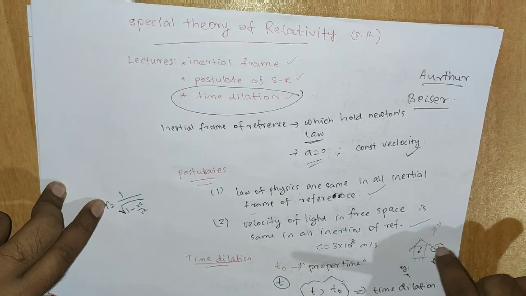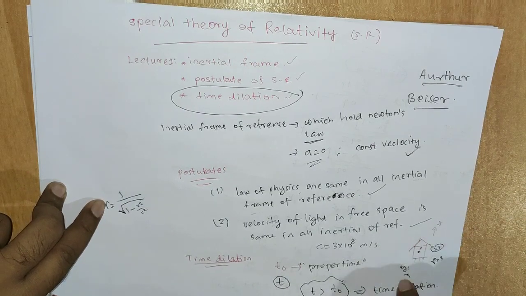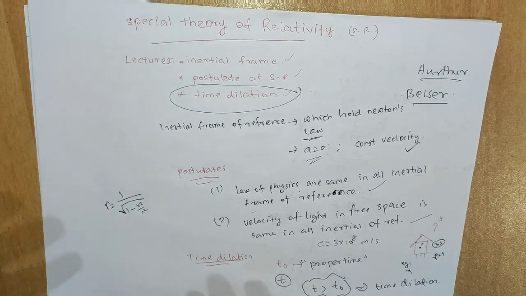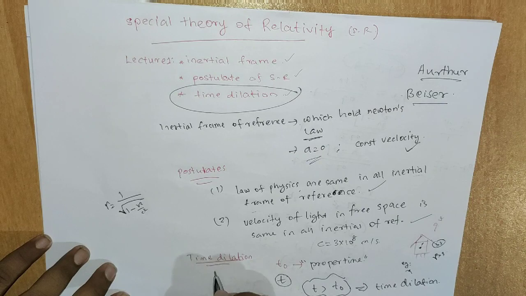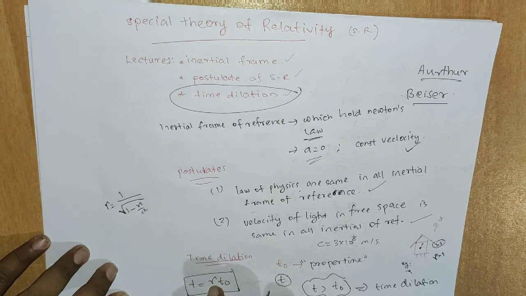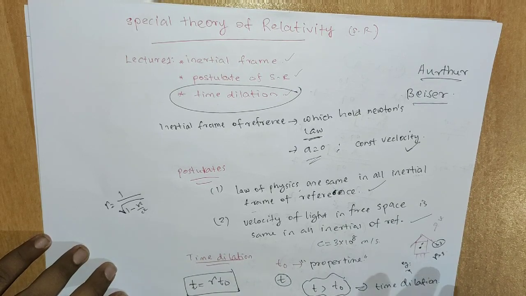Gamma times this time will be the time measured by this man on earth. This is time dilation. The equation for time dilation is gamma into t naught. T naught is proper time, multiplied by gamma gives t. Next we are going to derive this equation.